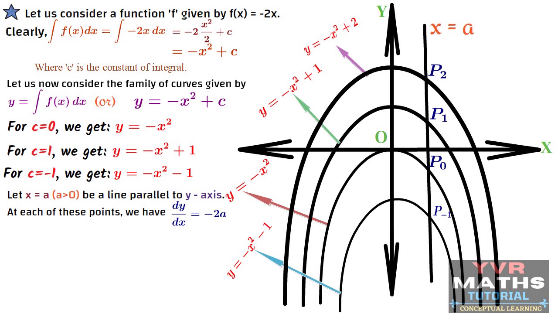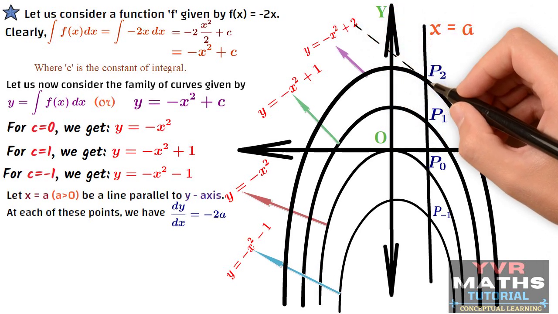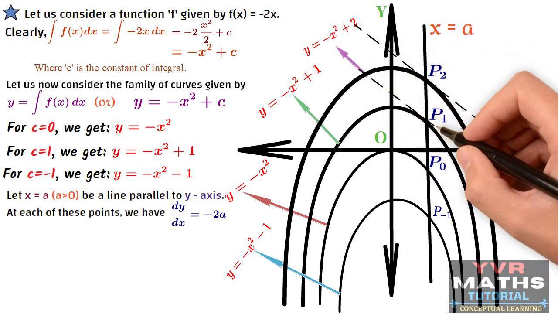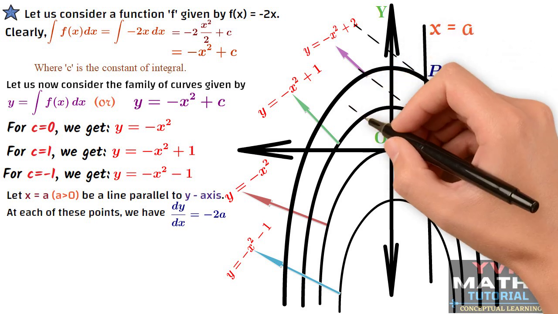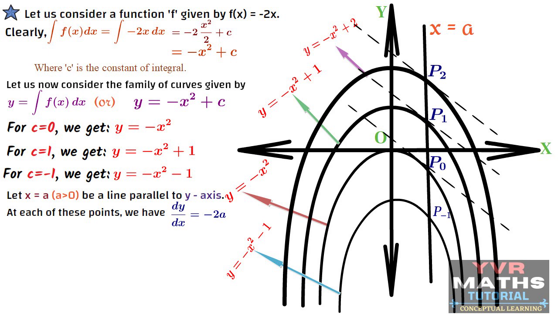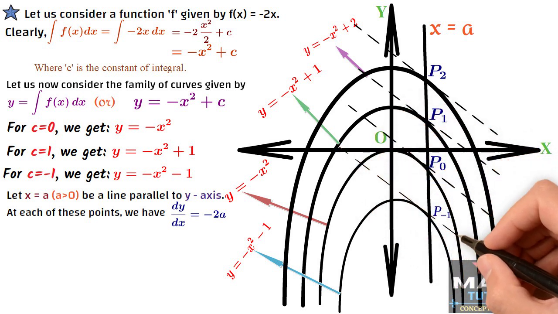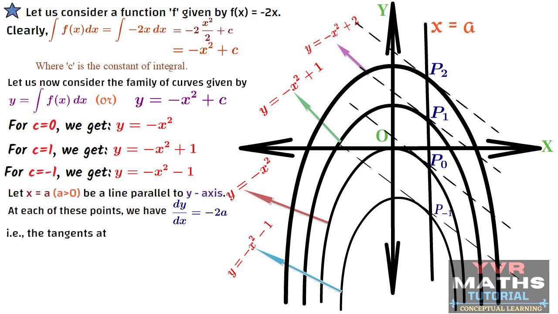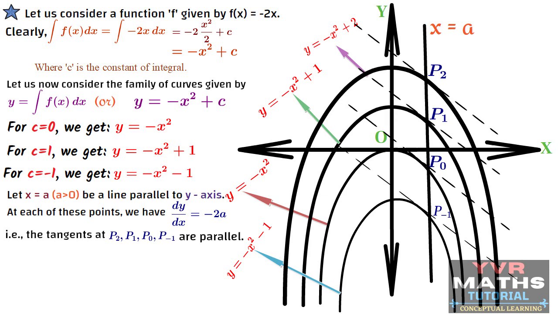Observe the diagram. I am drawing the tangents at point p2, at point p1, at point p0 and at point p minus 1. If we observe, all the tangents are parallel only. So from this explanation, what can we say?